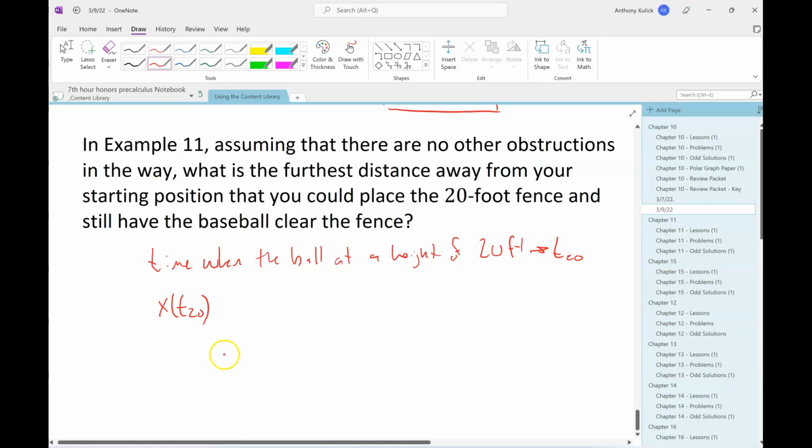Which equation am I going to be using, x or y? Y, because it's talking about heights. And what value of height am I interested in? 20. So 20 should equal negative 16t squared plus 141 sine 24 t plus 3.5.